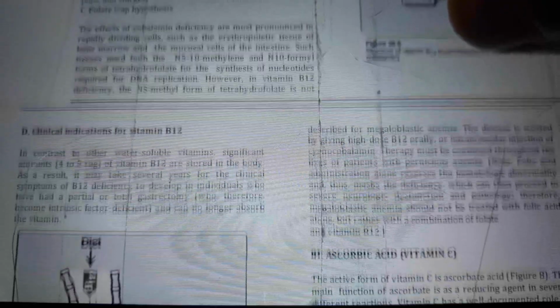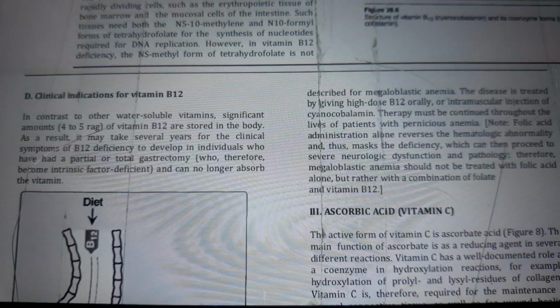Folate trap hypothesis. The effects of cobalamin deficiency are most pronounced in rapidly dividing cells such as the erythropoietic tissue of bone marrow and the mucosal cells of the intestine. Such tissues need both the N5,N10-methylene and N10-formyl forms of tetrahydrofolate for the synthesis of nucleotides required for DNA replication.